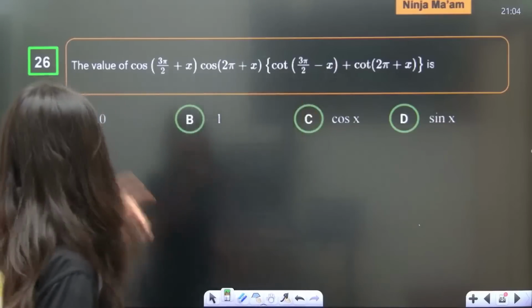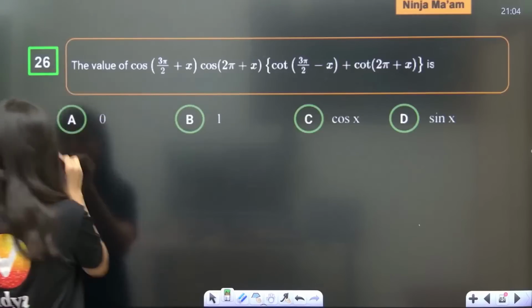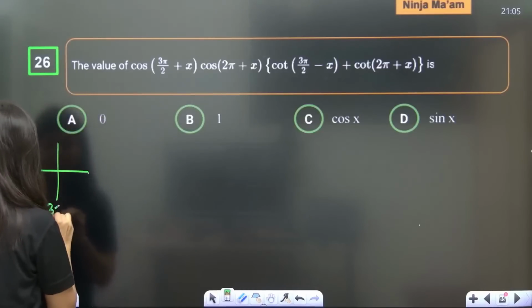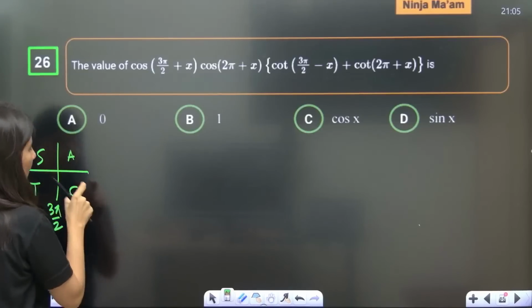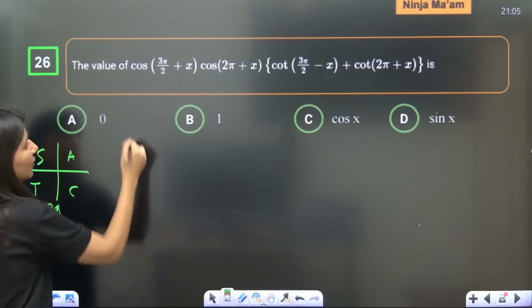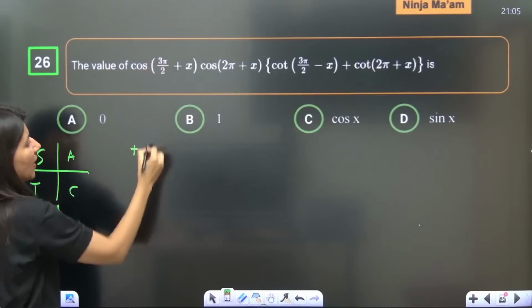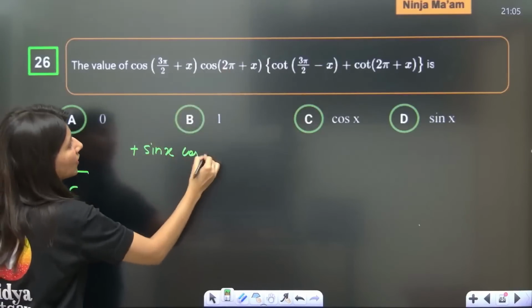The value of cos(3 pi by 2 plus x). ASTC: 3 pi by 2 plus x will land in the fourth quadrant, and in the fourth quadrant cos is positive. So positive, but because it is 3 pi by 2, it will be sin x. Now cos(2 pi plus x) is cos x.